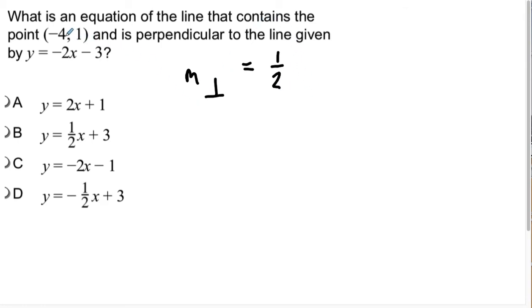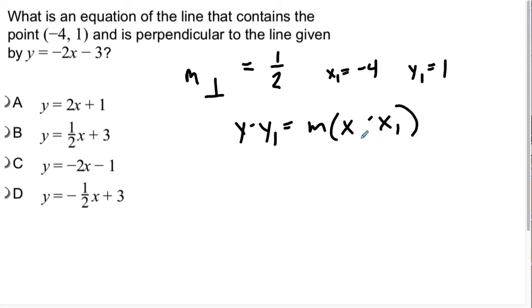Now they want us to write a line that is going to cross this point. So which means my x sub 1 is equal to negative 4 and my y sub 1 is equal to positive 1. Now that I have a point and a slope, all I have to do is write it in point slope form first and substitute what I know.